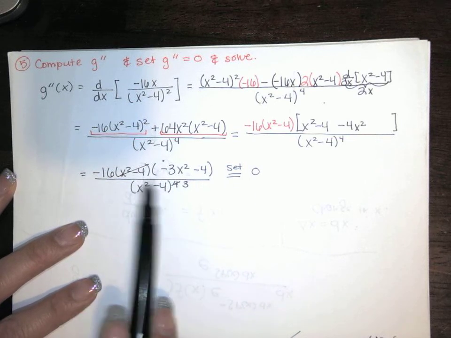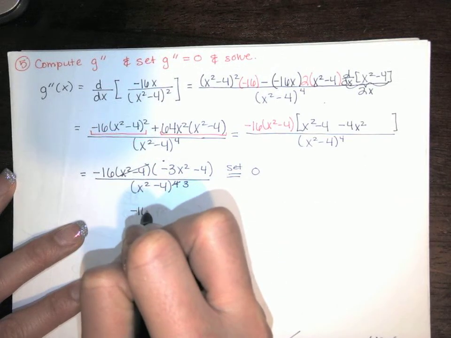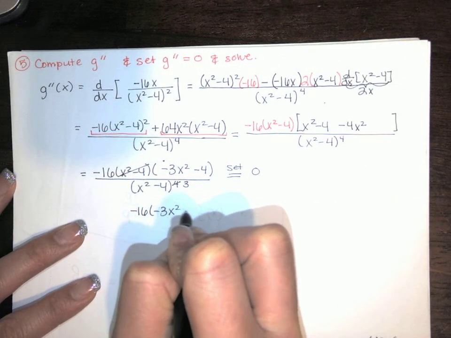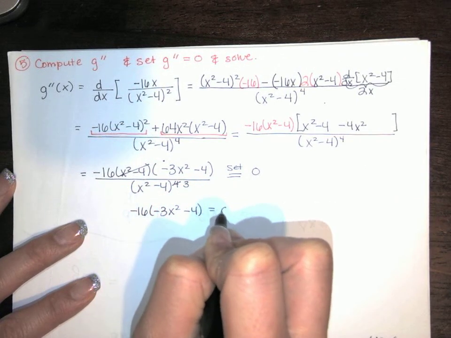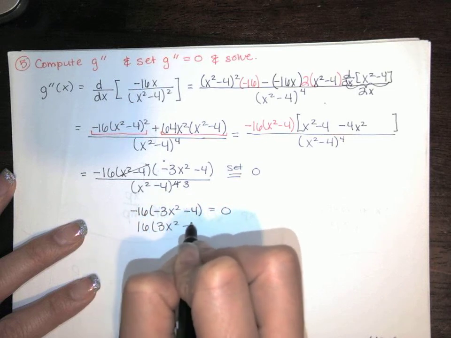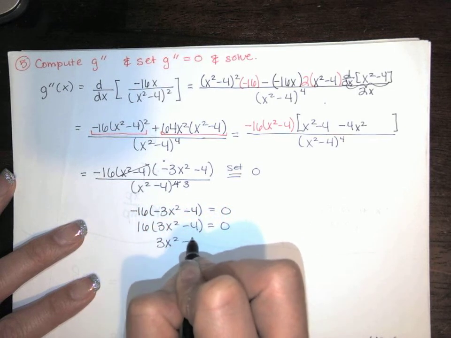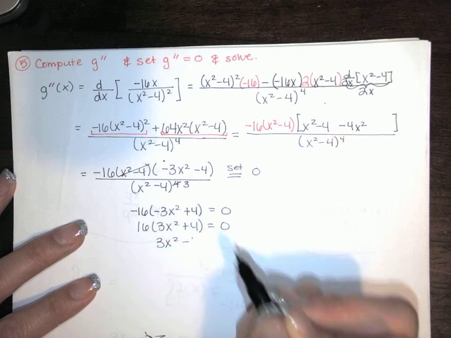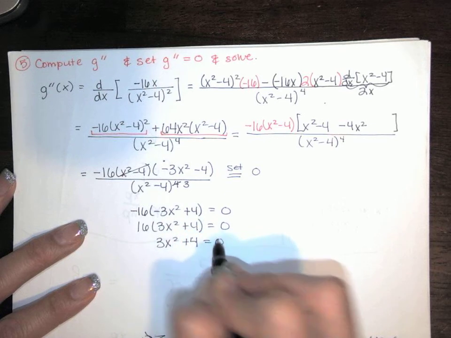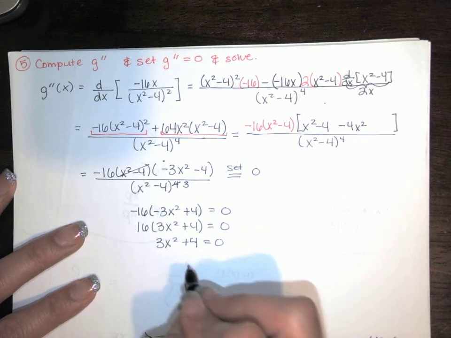The only way a fraction is 0 is if the numerator is 0. So I've got negative 16 times negative 3x squared minus 4 equals 0. And you could factor out the negative and divide both sides by 16. And right away, I hope you see that there are no real solutions to this.